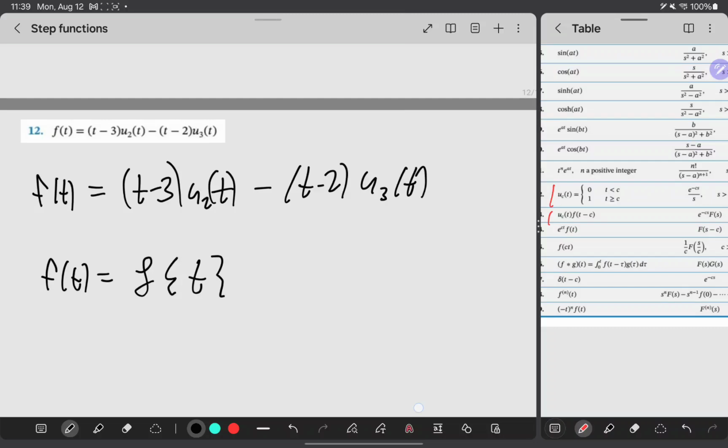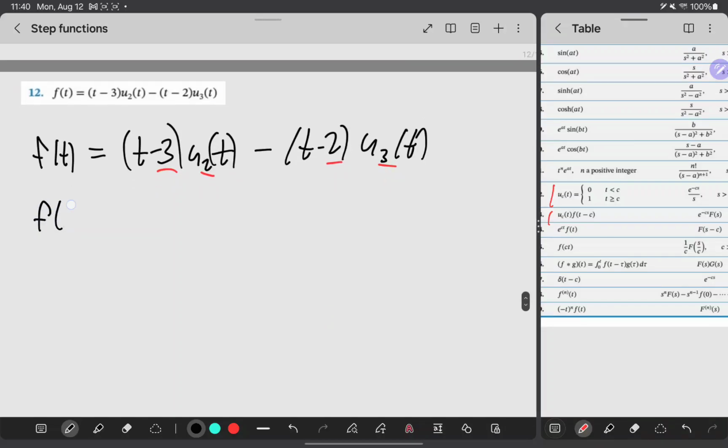And then we have u of 2, c is equal to, oh wait, our c's don't match here. They don't match, so I'll put that in red. This one does not match either. So we have to rewrite this.